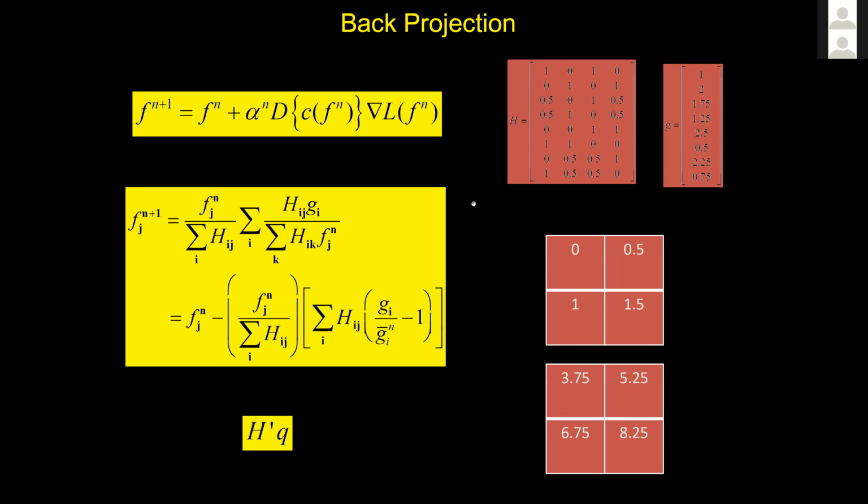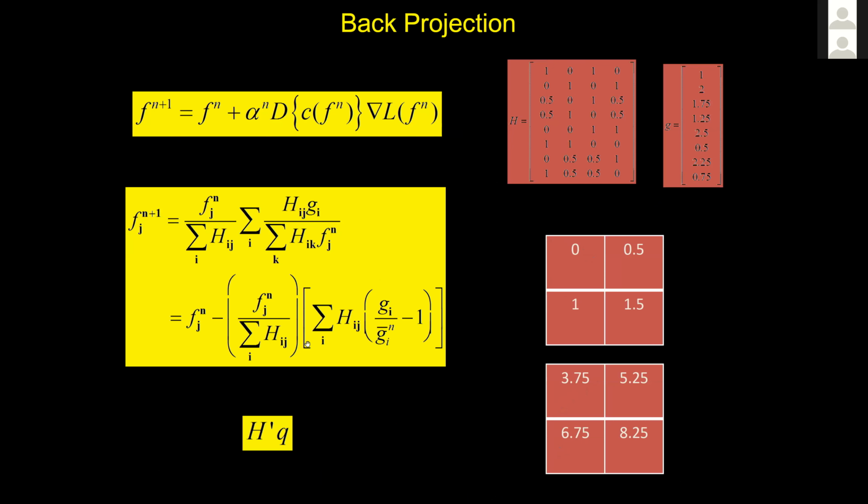There's another concept called back projection. If we look at this updating equation, that's almost universal for all gradient-based methods. If you write it this way, this is the equation we just described, and you can rewrite it another way.